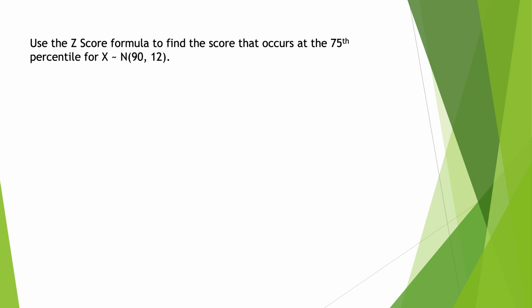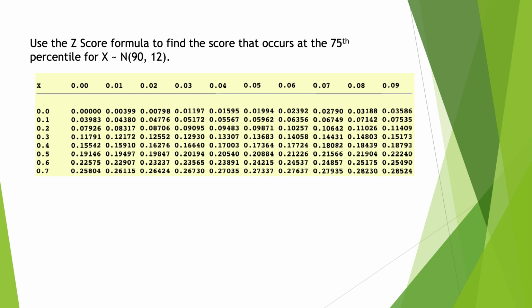You're going to need your table for it, so make sure you're looking up with your table. And there's a table to look at in case you didn't do it. And when we work backwards trying to find percentiles, we want to find the percentile in the table.